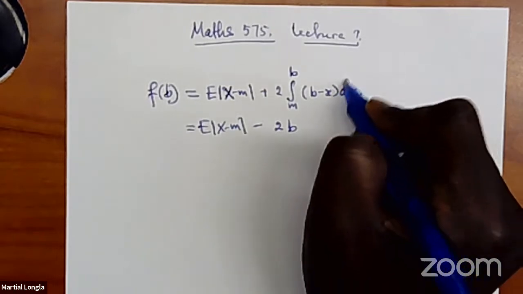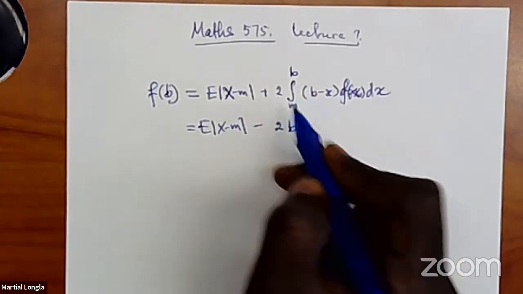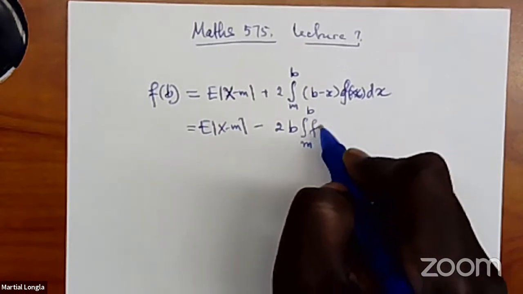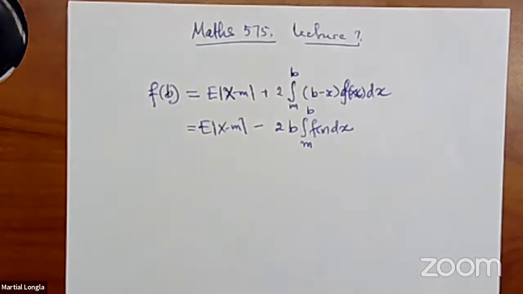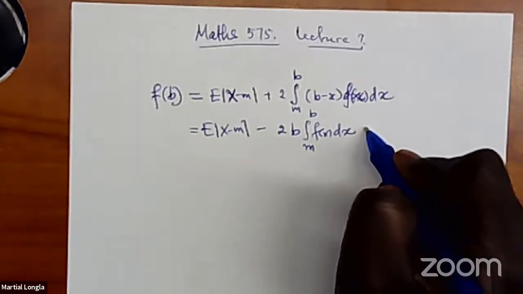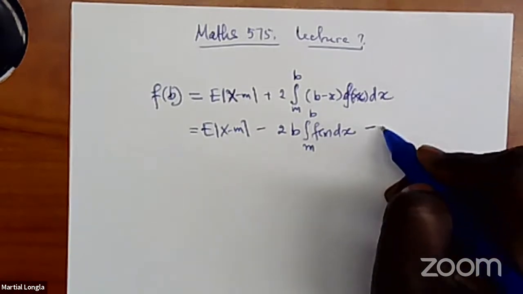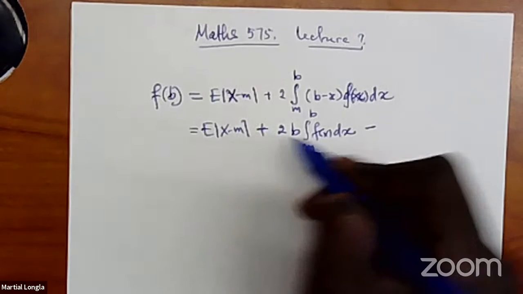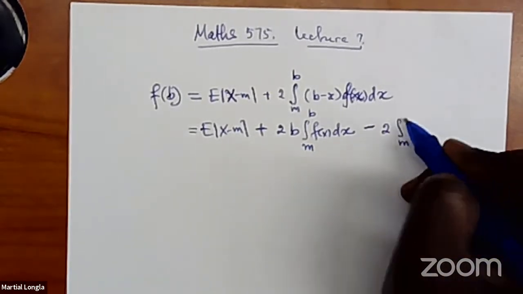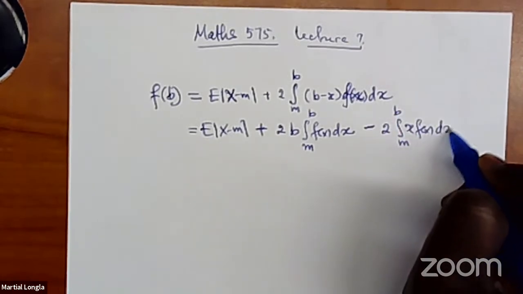Missing something here, right? F of x dx. So I take out the b and integrate from m to b f of x dx, right? Minus 2 integral from m to b x f of x dx.